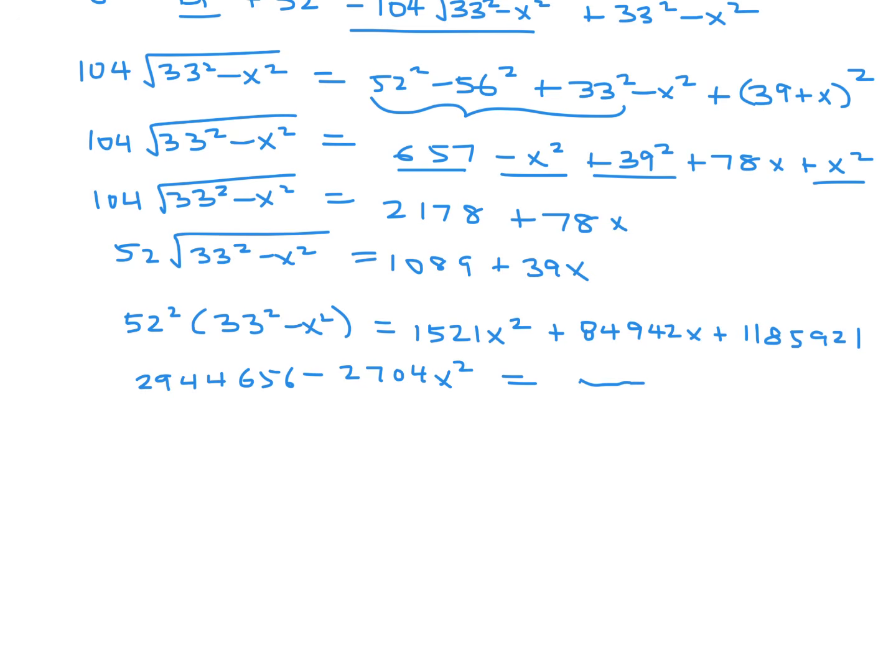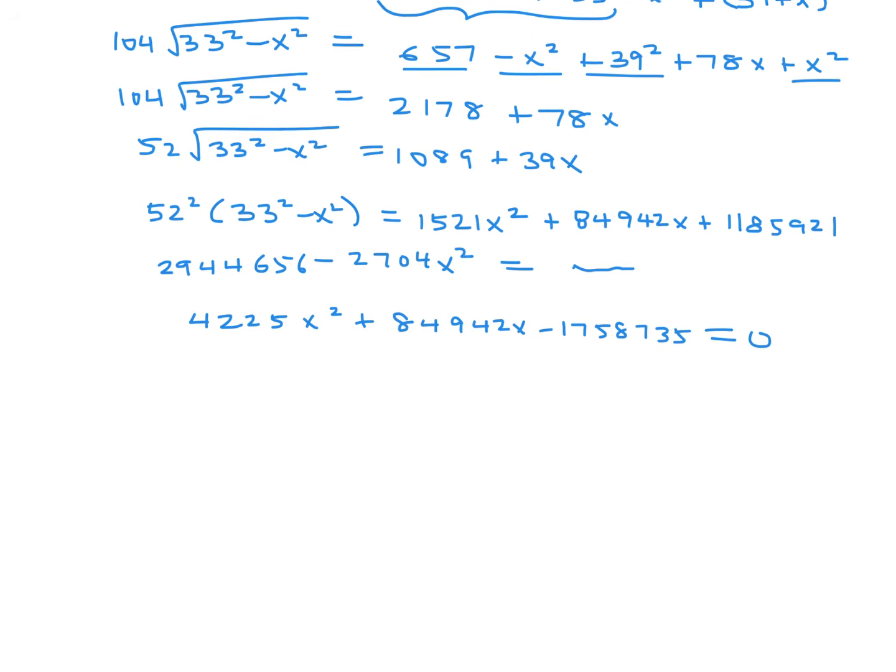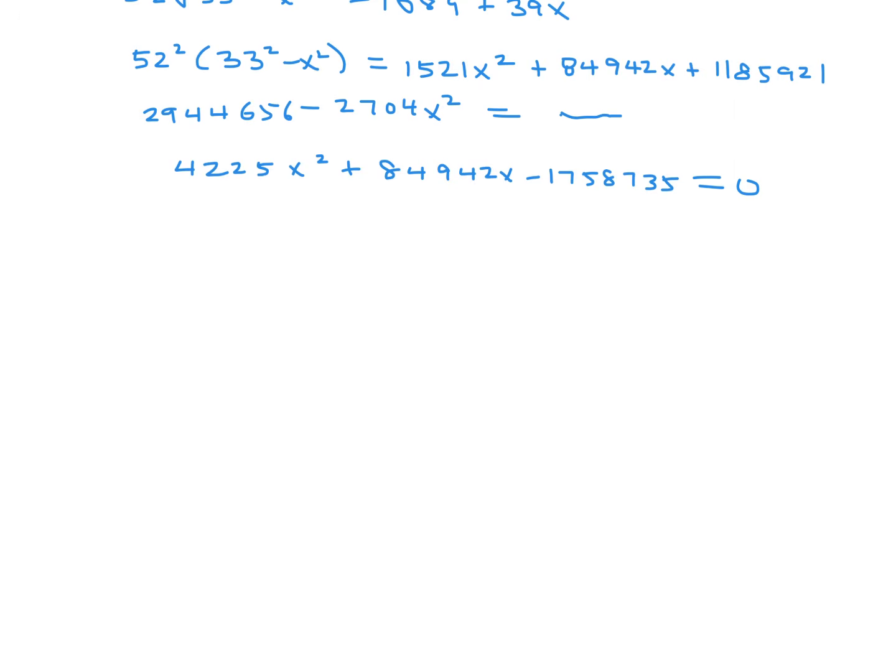That whole thing, I don't want to write it out again. And then putting everything on one side and collecting like terms, you will get 4225x squared plus 84942x minus 1758735.